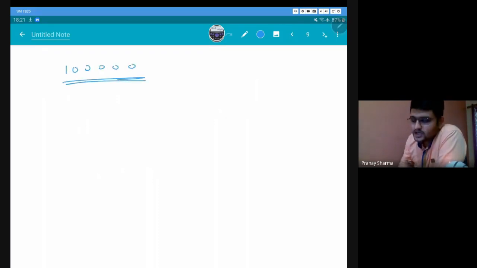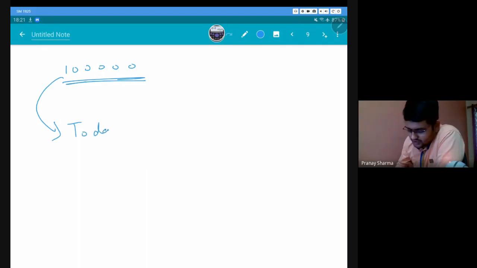The machinery costs 1 lakh rupees. How much should I invest today so that in 5 years time I will get 1 lakh rupees? So I need to know today's value, I need to know present value. That is called discounting.